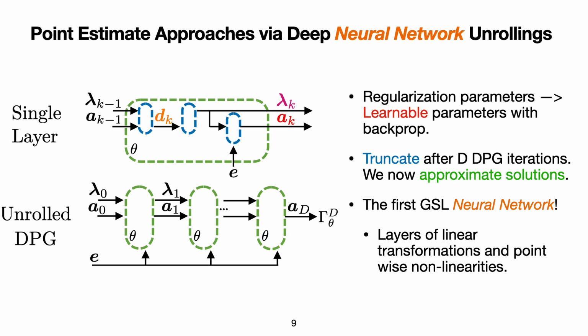This is the first graph structure learning neural network with layers of linear transformations and pointwise nonlinearities. Previous unrollings have typically had nonlinear transformations that were not pointwise, for example parameters in a denominator or multiplying each other. We're going to find that this is actually going to help us in some gradient-based sampling.